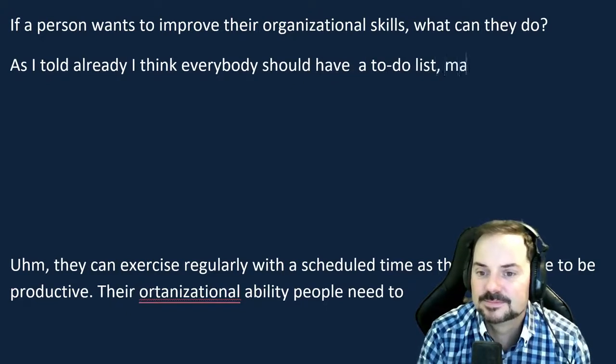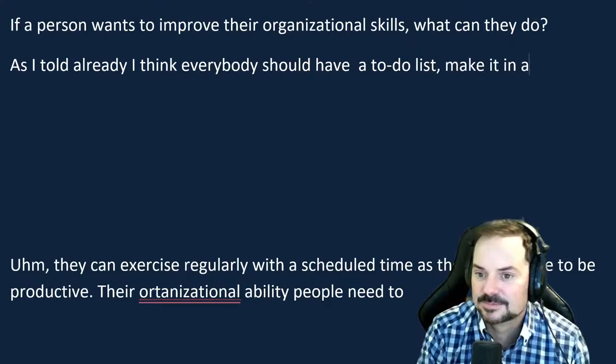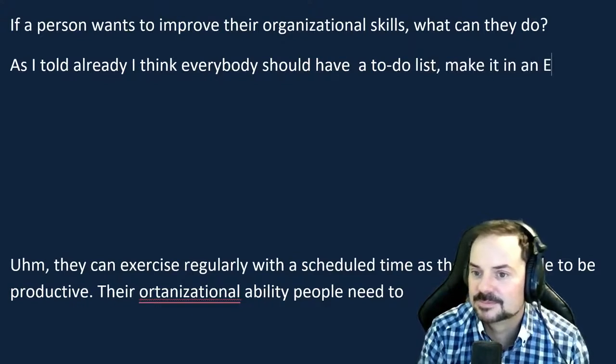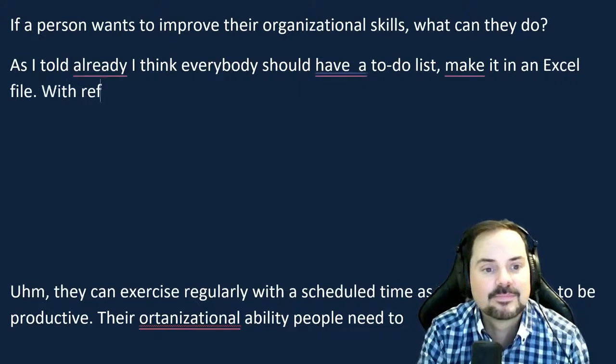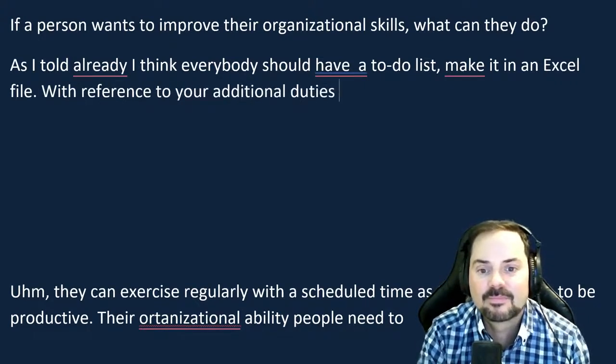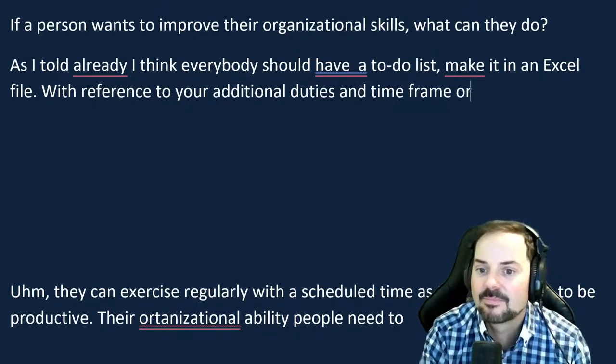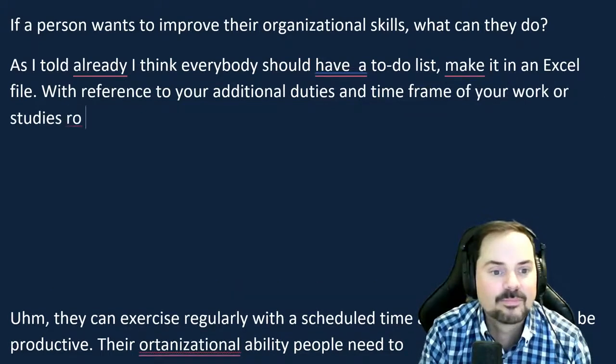And after that, to create your daily schedule connected to these priorities and with reference to your additional duties and the time frame of your work or studies or your promises to somebody else. But for every day or every week, you have to put some targets, I guess.